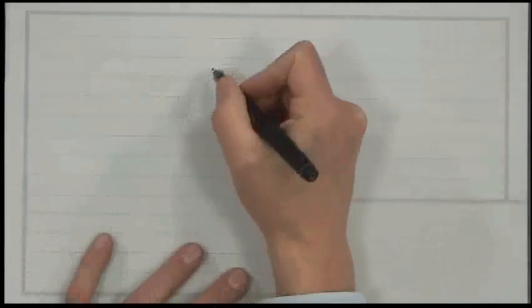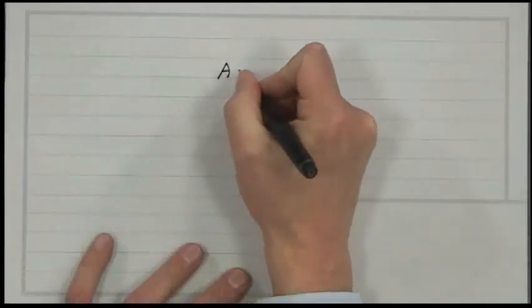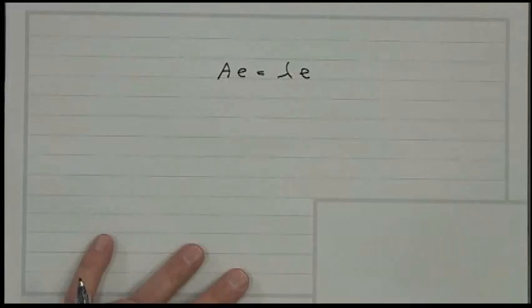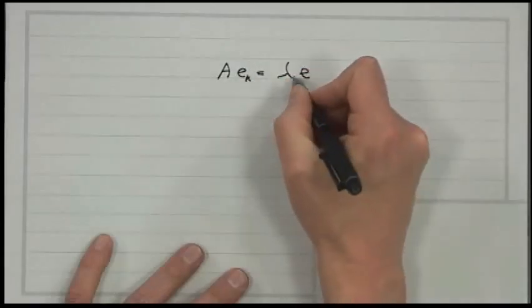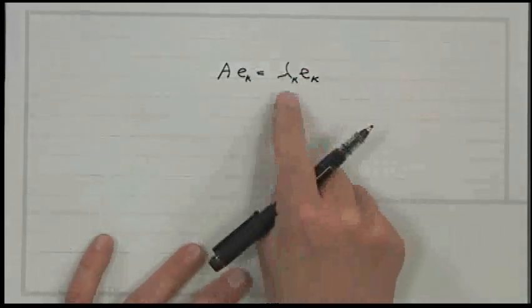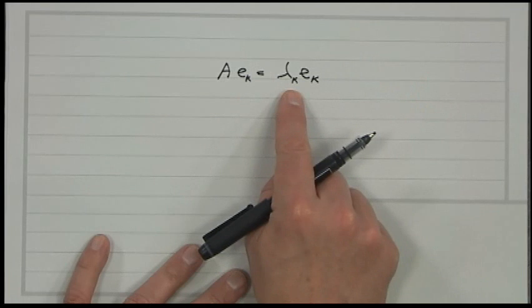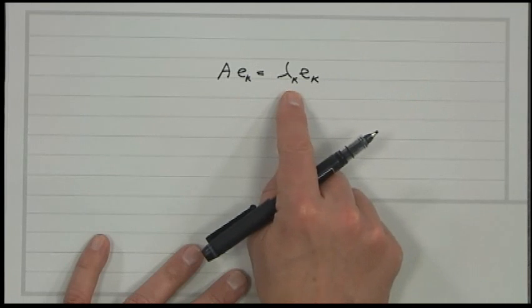What ends up happening is if A is not symmetric, then you have A times E equals lambda E. That's the eigenvalue equation, and so there will be eigenvalues and eigenvectors. If the eigenvalues are unique, then each eigenvalue will correspond to a distinct eigenvector.